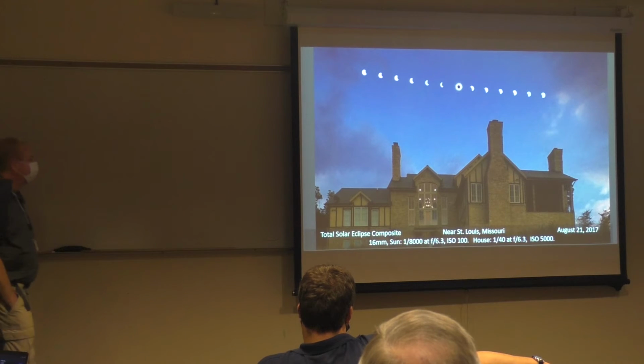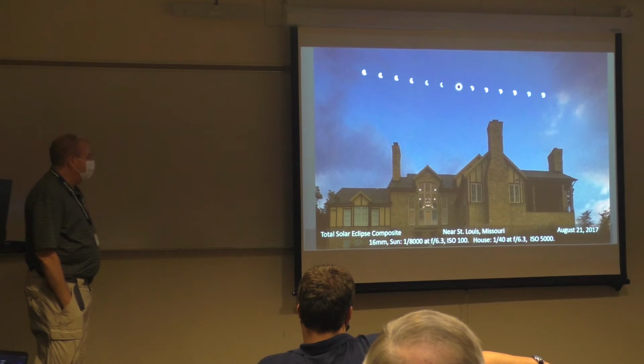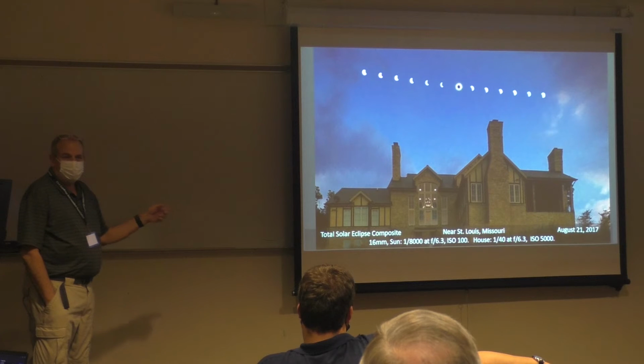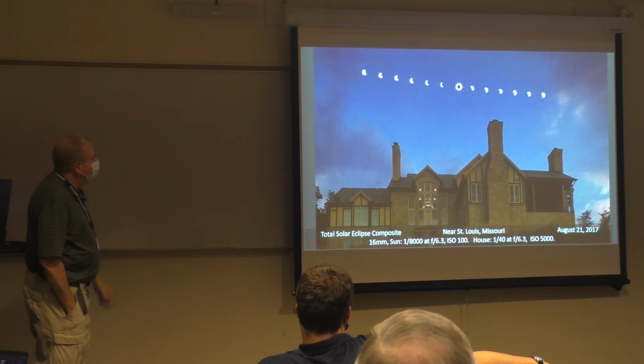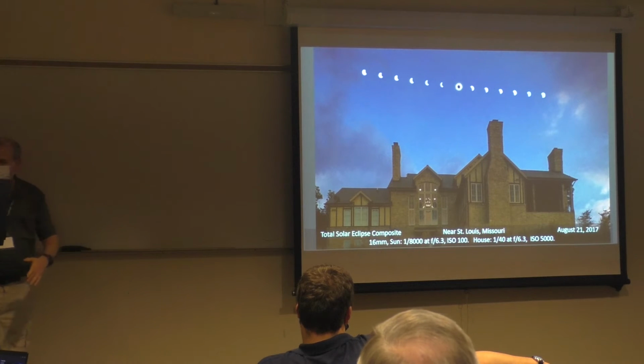This is the solar eclipse near St. Louis. This is my son-in-law's parents' house, which is by far the biggest house I've ever been in. It's enormous, but it was right in the path of totality. So I took my daughters and my son-in-law down there to hang out in this enormous house.